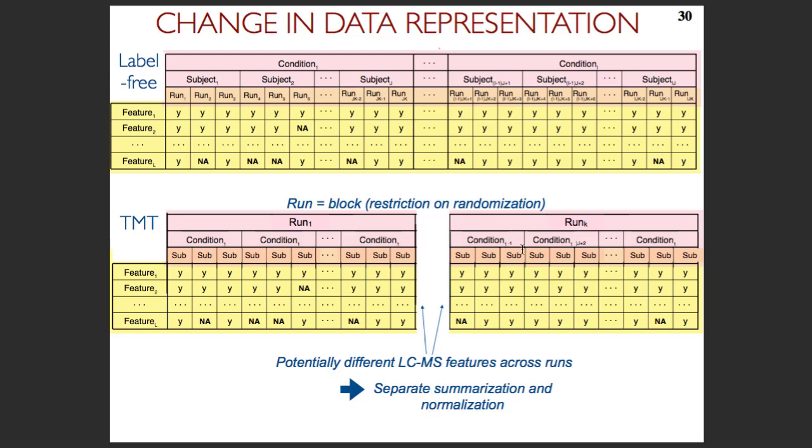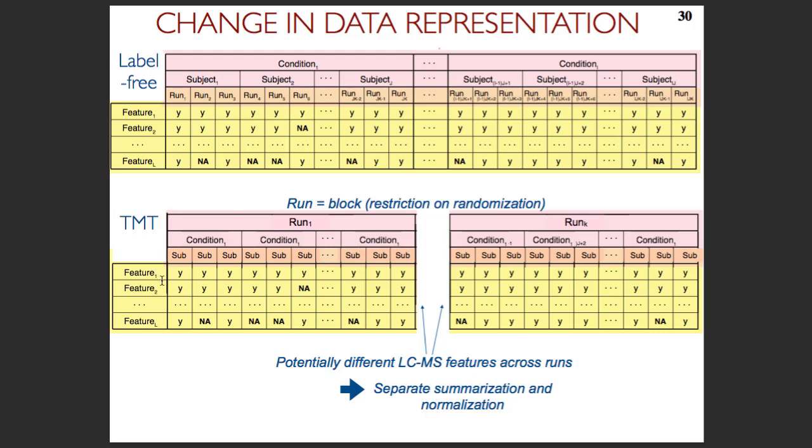We can randomize the order in which we acquire the runs, but then all the features will be acquired simultaneously within the runs. So now the run is a restriction on randomization, and we have potentially multiple conditions and maybe multiple biological replicates, like we just said. If we have few conditions, more channels, we can even have multiple biological subjects within each run. So this is a big difference in the structure of the data.